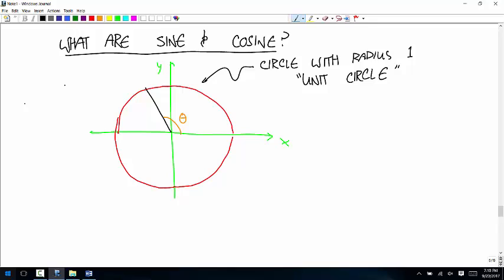So then the cosine of theta is the x component of this intersection between that line and the unit circle.